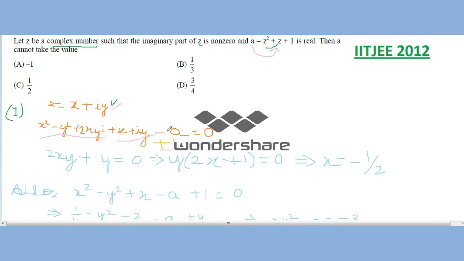Since it is equal to 0, and if you have studied complex numbers, then you will know that if a complex number is equal to 0, we equate the real and the imaginary parts. That means the real part is 0 and the imaginary part is 0.